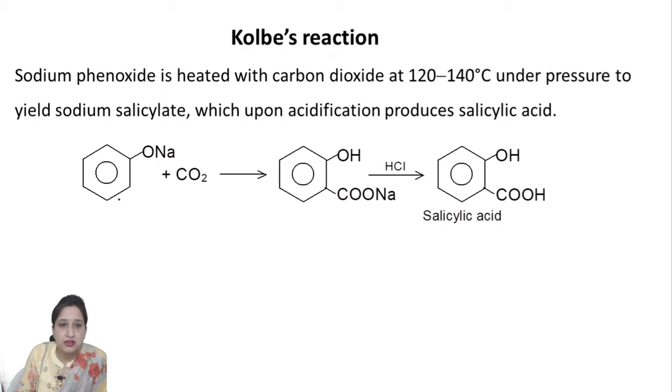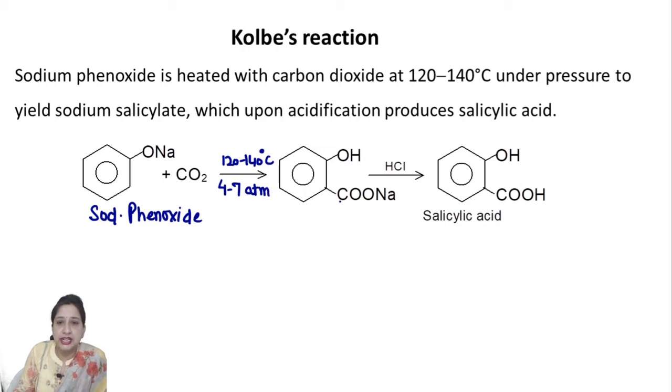When sodium phenoxide, this is your sodium phenoxide, is treated with carbon dioxide at 120 to 140 degrees Celsius under reduced pressure, the pressure is almost 4 to 7 atmosphere, it yields sodium salicylate.